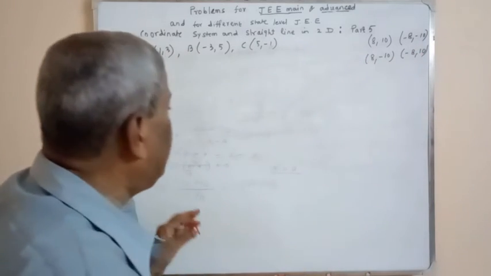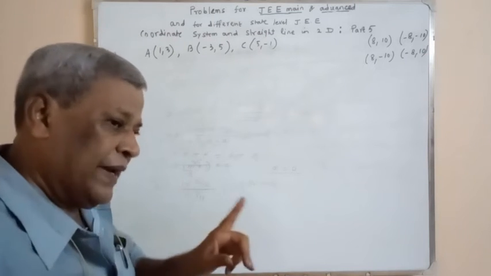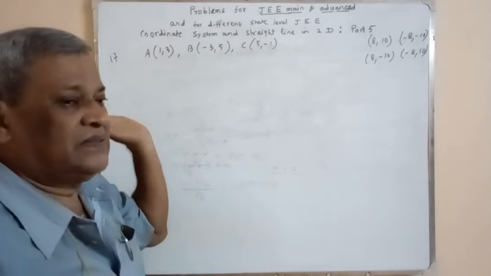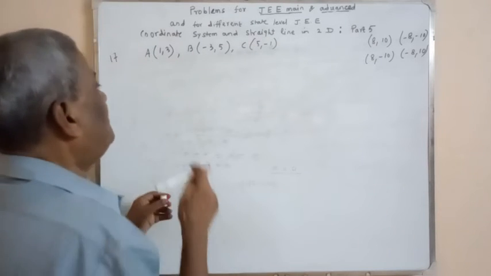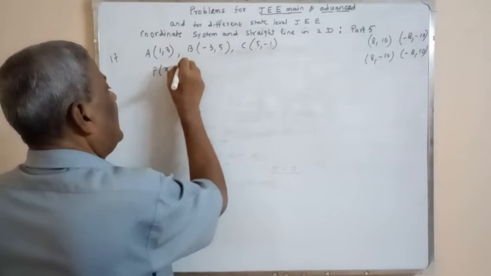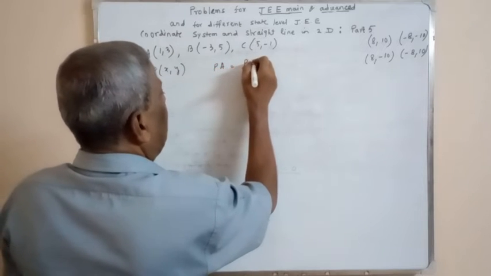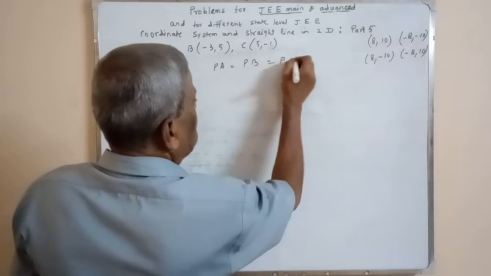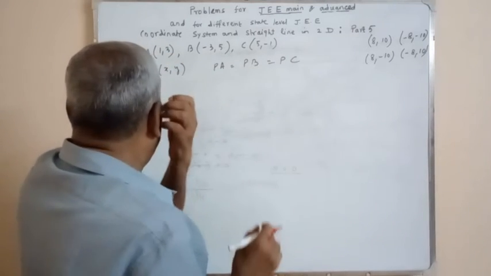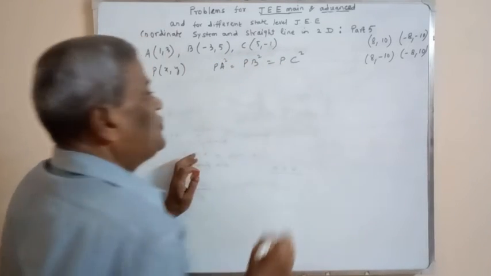The problem is very straightforward. We have to find a point which is equidistant from this, and that. Suppose the point is P, coordinate is (x, y), such that PA is equal to PB is equal to PC. That means PA square is equal to PB square is equal to PC square.